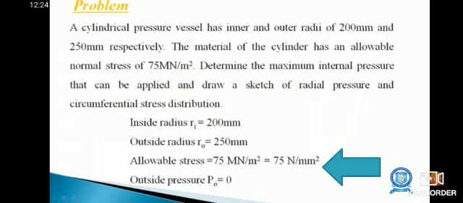Once again I will read the problem. You can read the problem one or two times so that you can understand the given data. A cylindrical pressure vessel has inner and outer radius of 200 mm and 250 mm respectively. The material has an allowable normal stress of 75 meganewton per meter square.